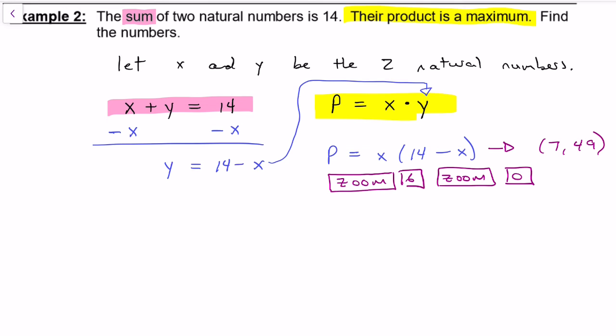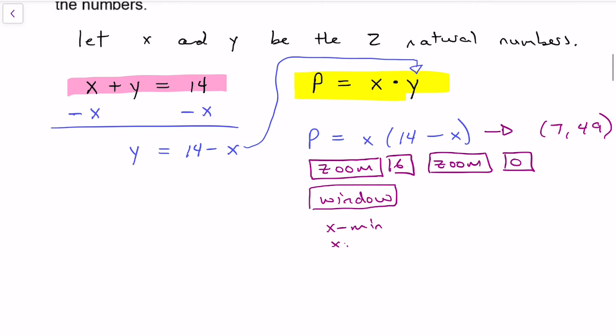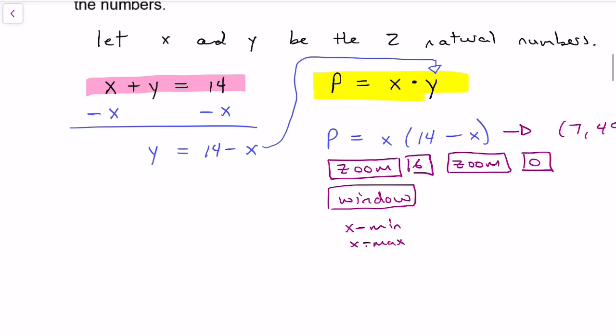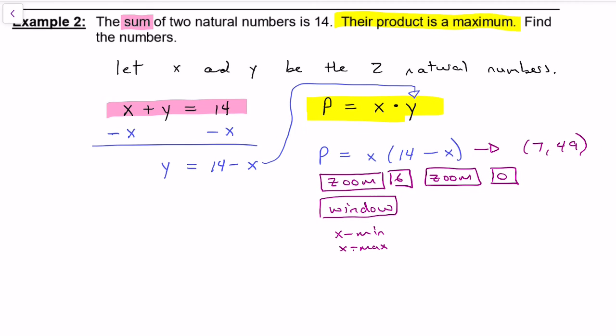If that doesn't work, you can always play with the window: press the window button and change your x min, x max, y min, y max until you get a window where you can see the vertex. It's tricky on the graphing calculator. Desmos is nice because you just pinch it and you can zoom out or in really quickly.